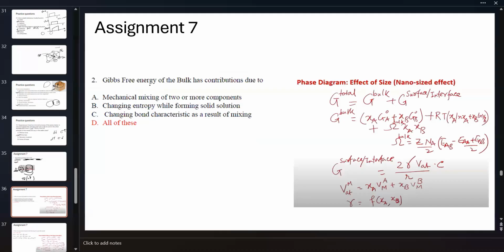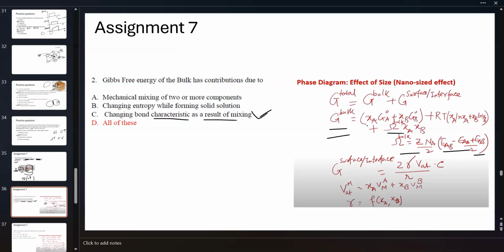Gibbs free energy for bulk has contributions due to these terms. Your omega has the bond strength between the atoms, the bond characteristics, correct?